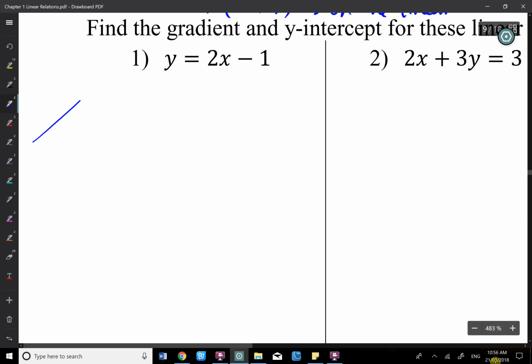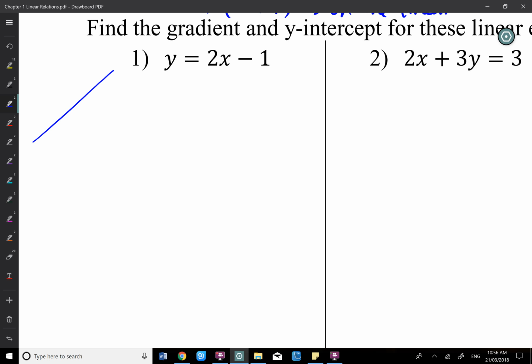So we should have a graph that looks like this. And if we need 2 points to sketch the linear, which 2 points will you find? Well, when y equals 0, that will give you what point? The x-intercept.